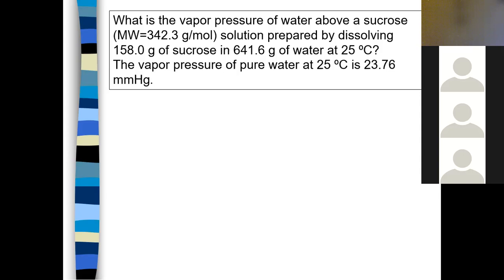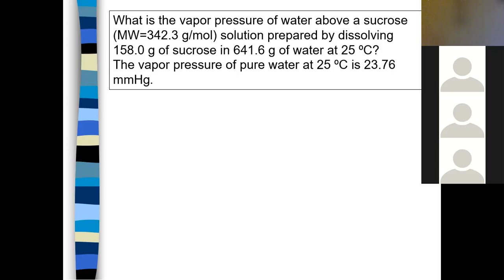Now, if this were a multiple choice question, it's possible you could pick the answer without doing any calculations. In a multiple choice question, you'd be given some choices. If one of the choices was bigger than 23.76 millimeters of mercury, that would be impossible, because you're dissolving a non-volatile solute in water, since sugar doesn't evaporate.